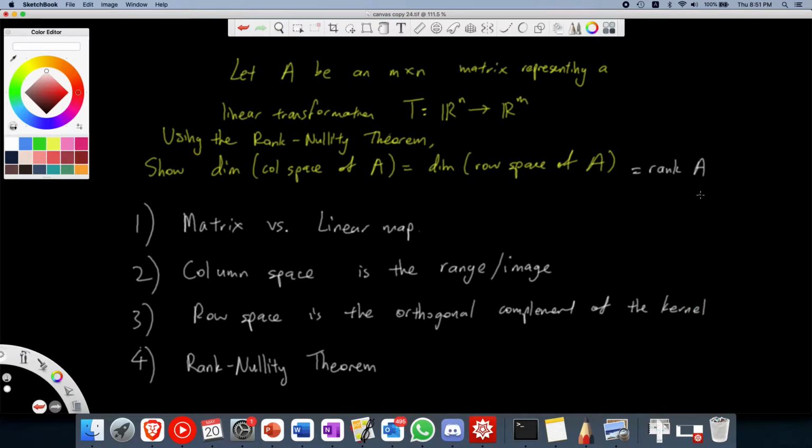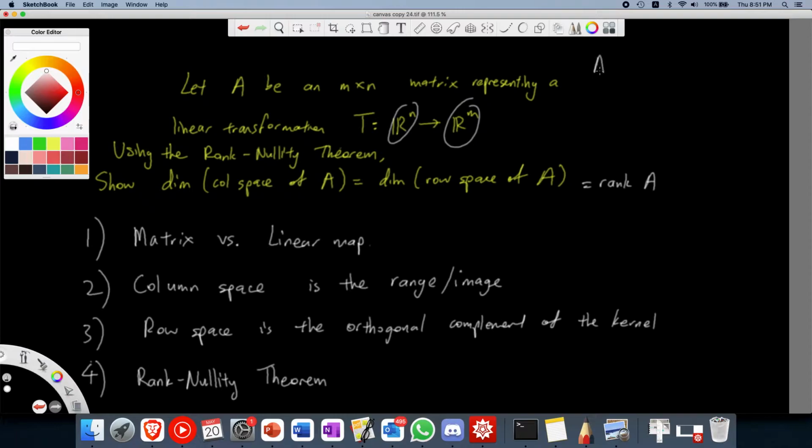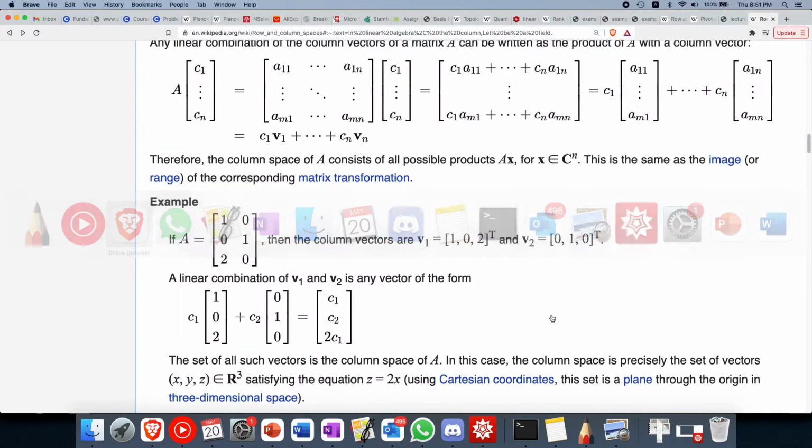Let A be an m by n matrix representing a linear transformation from Rn to Rm. What this means is that, for example, if A is a 3 by 2 matrix, let's jump over to Wikipedia here for the example.